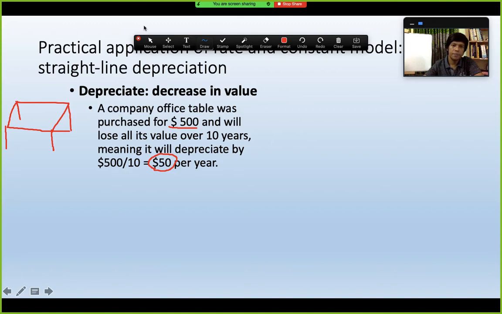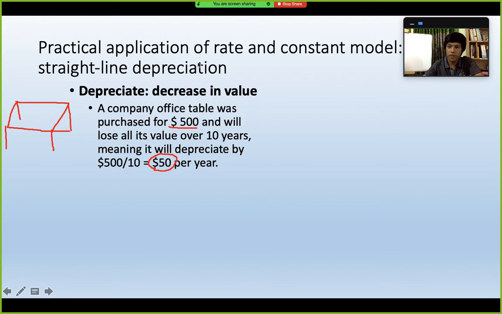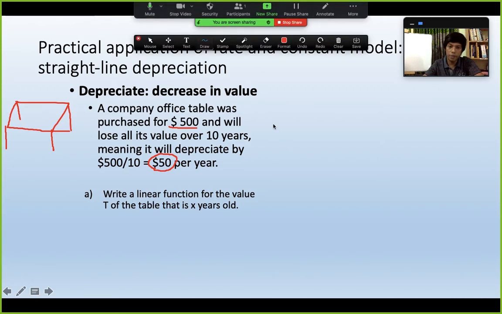This is the setup. Now, maybe we will have to find out some model. Yes, that's the question. Write a linear function for the value t of the table that is x years old. So t will be the remaining money, the value that is remaining.